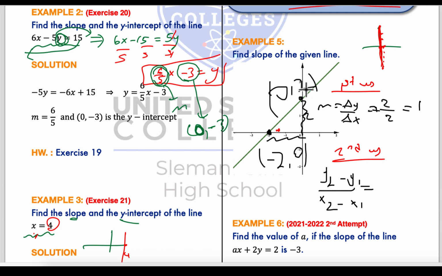Equals, if I use this as a second point, 2 minus 0 divided by 0 minus negative 2. 2 minus 0 is 2. 0 minus negative 2 is also 2. 2 over 2 is 1. So there are many ways of solving this question. You can think of many different ways. Maybe this is the easiest for you: picking 2 points and applying the rule.